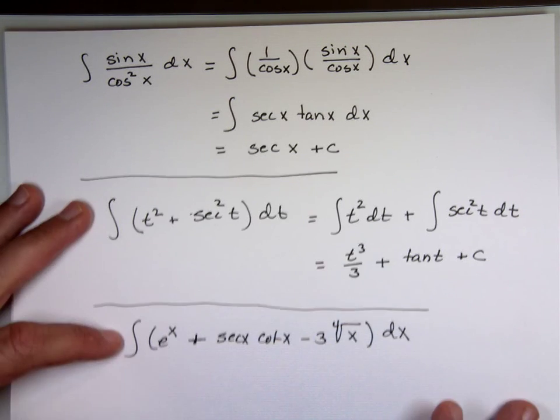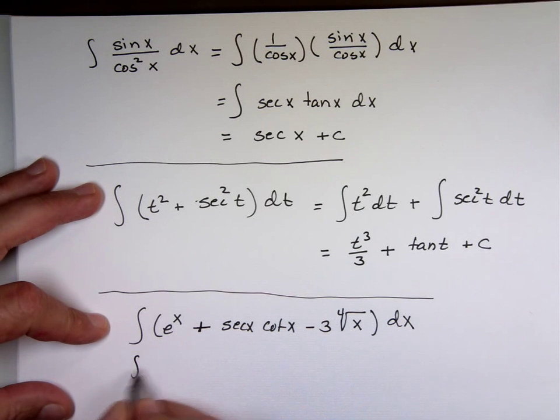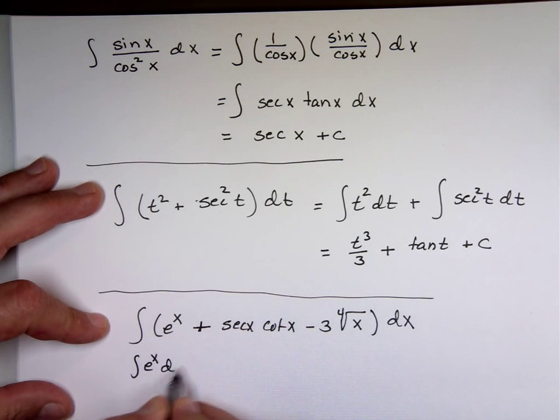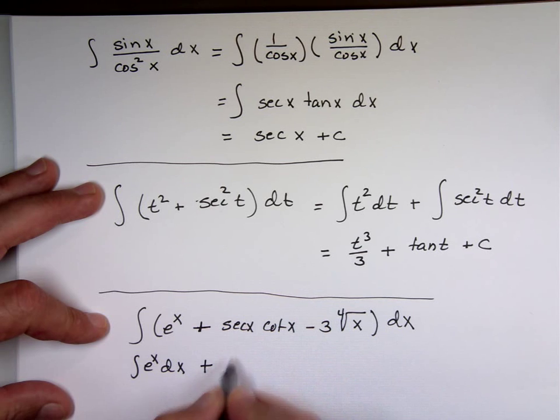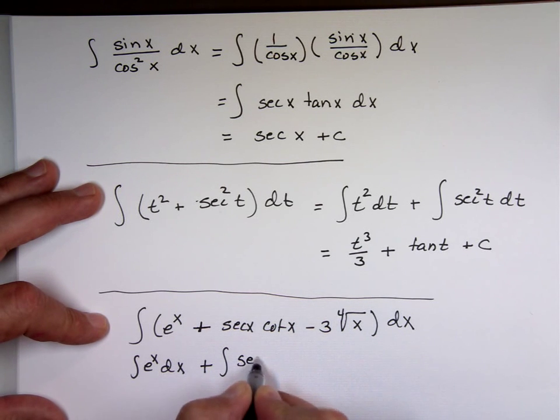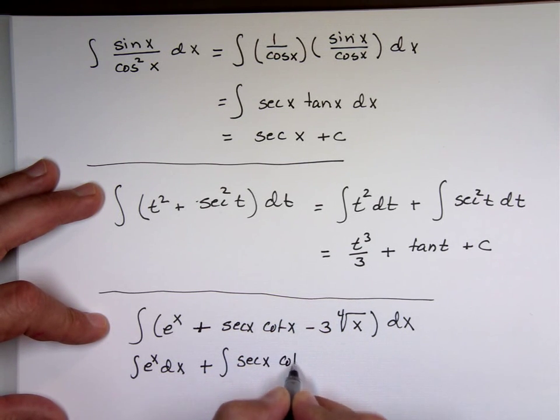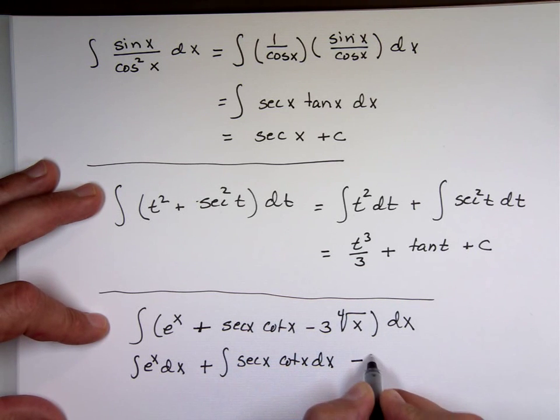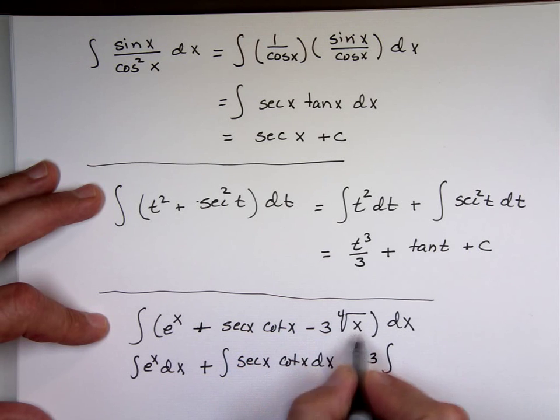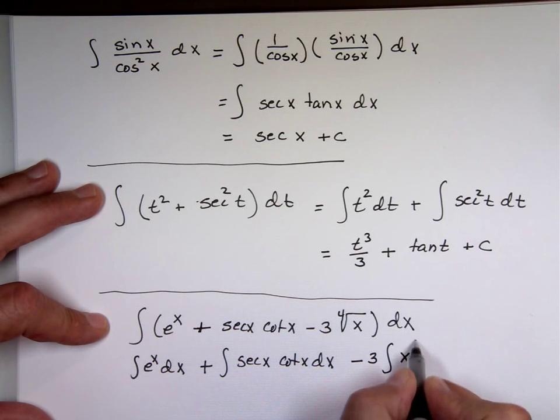I can break it down: the integral of e to the x dx, plus the integral of secant x cotangent x dx, minus, I can take the 3 outside the integral, the 4th root of x, which is x to what power? 1/4.